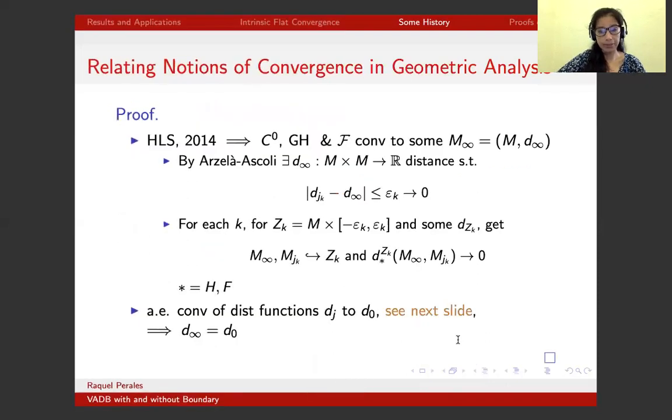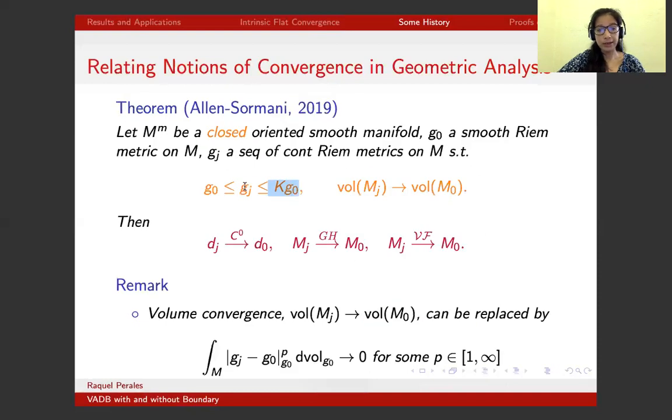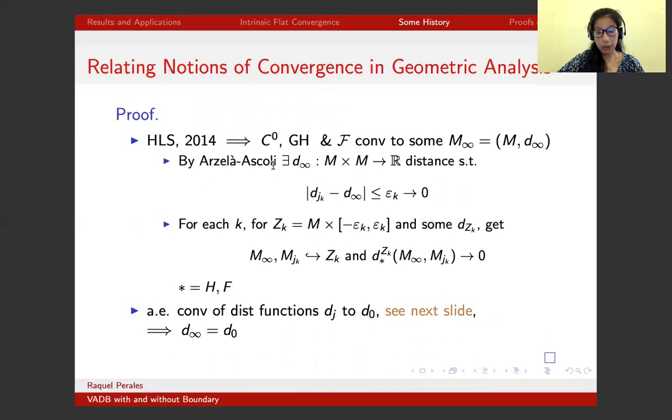Because we have these double-sided bounds on the tensors Gj, we will be able to use Arzelà-Ascoli to find a distance, d infinity, to which dj, or a subsequence djk, is going to converge. So once we have this distance d infinity, we have this metric space M infinity.